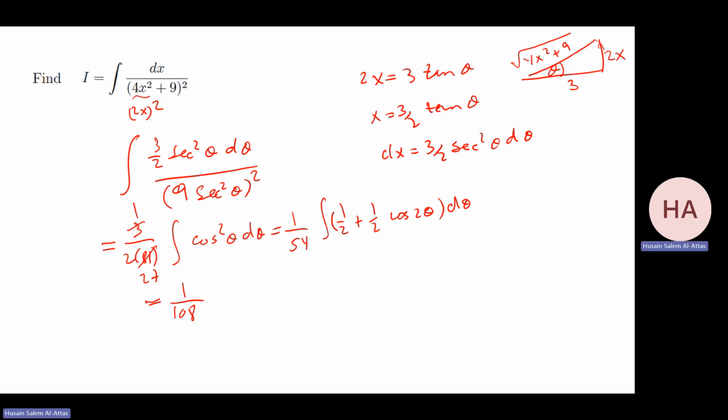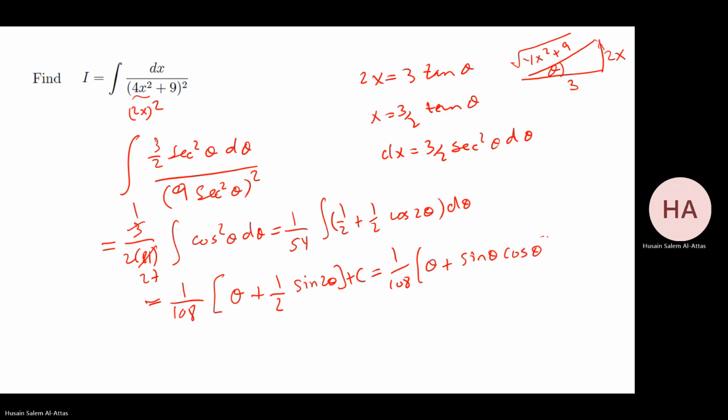Okay. Who cares? That will be theta plus half sine 2 theta plus c. So 108 theta plus sine theta cosine theta plus c. So 108. Theta is what? Theta is tan inverse of 2x/3.